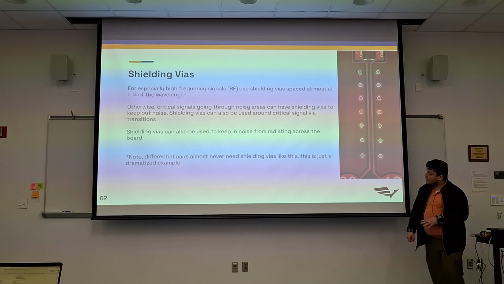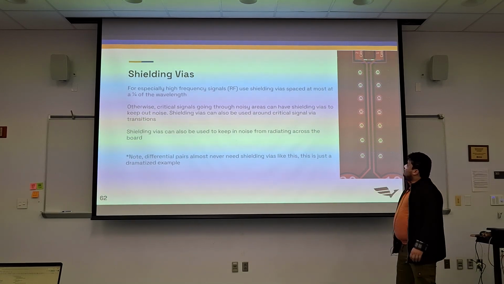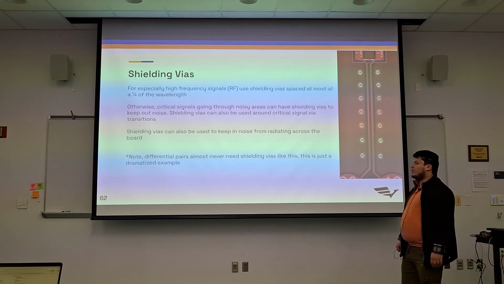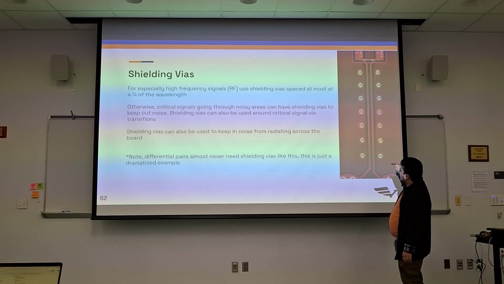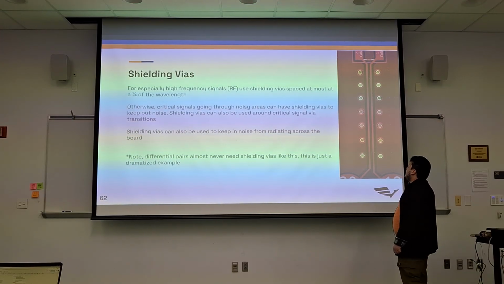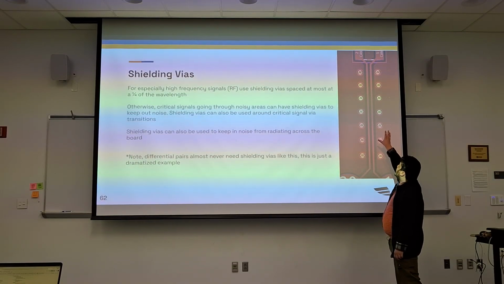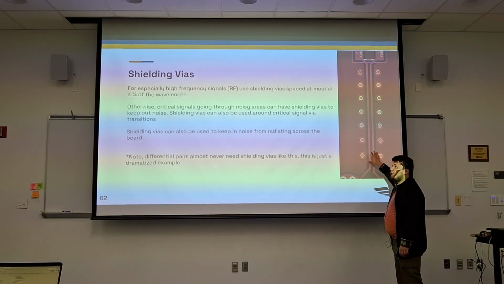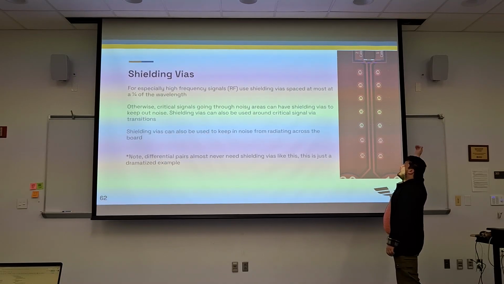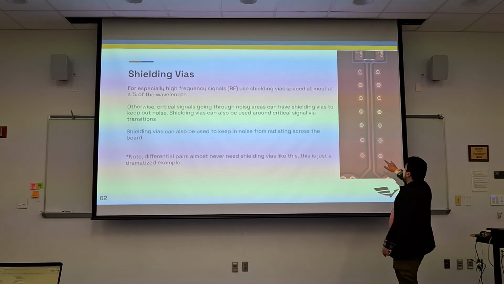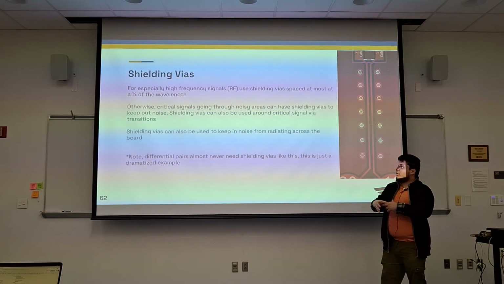And then we also have shielding vias. So shielding vias, this is where we want the ground to be going through the entire board. We also want to make sure that whatever EMI signals are going off of this stay in there, or whatever EMI interference could be going in stays out. We do that with stitching vias nice and close.